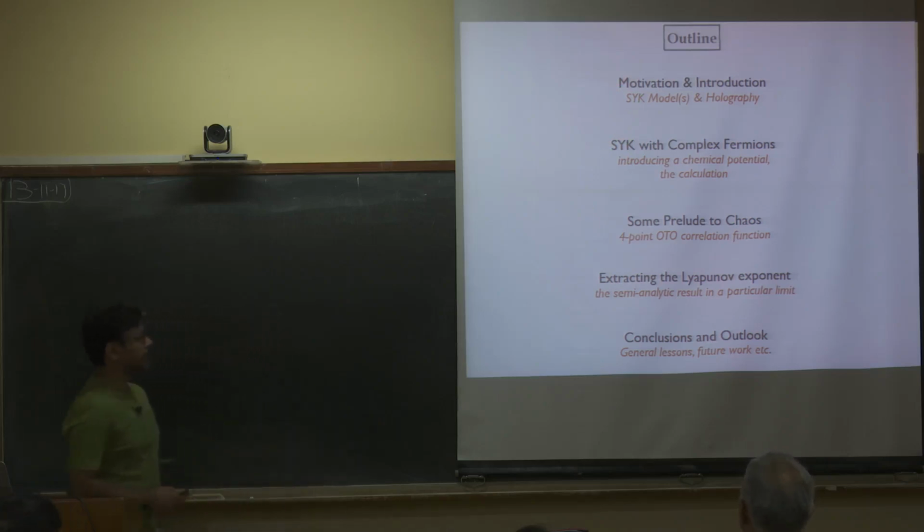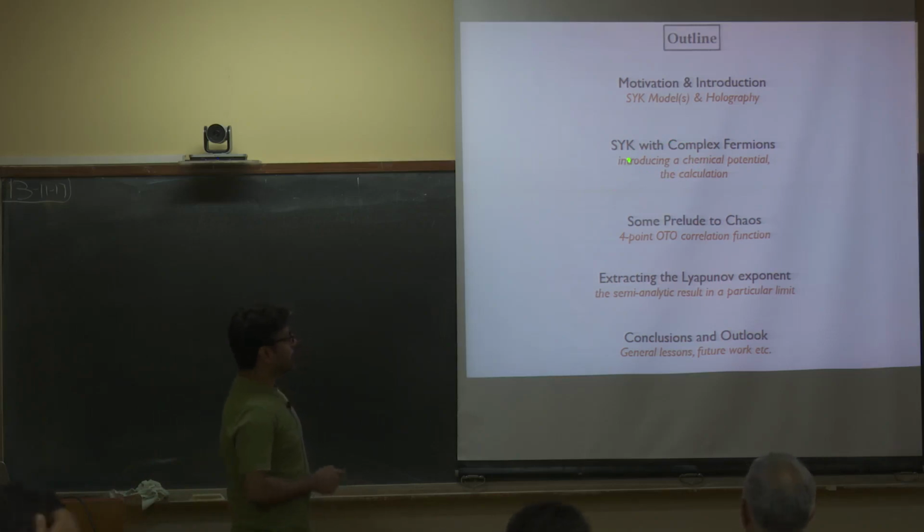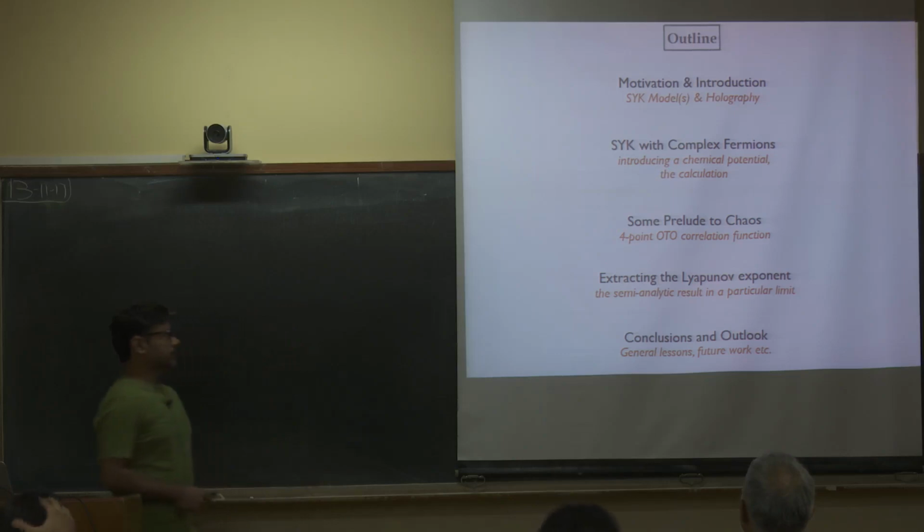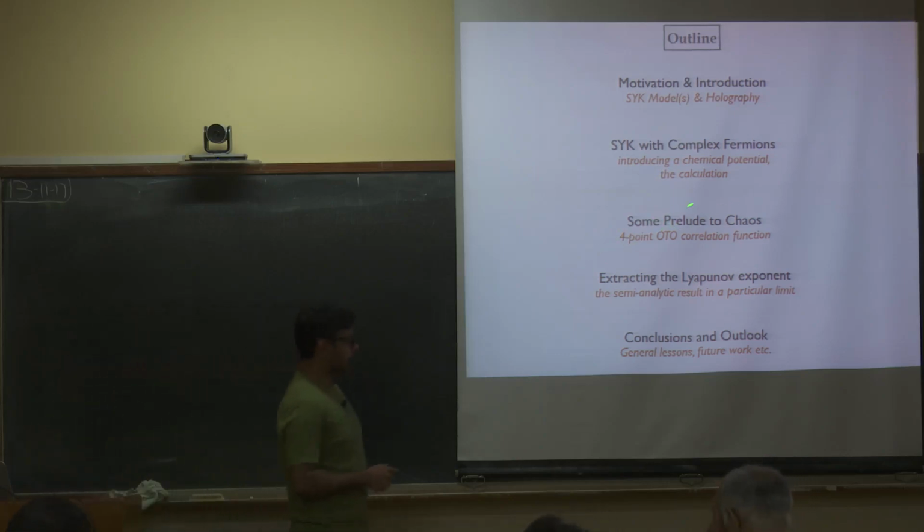And then basically I will introduce this model, which does not really need an introduction, perhaps to this audience especially, but nevertheless, for the sake of completeness, and what we want to do there with this model.